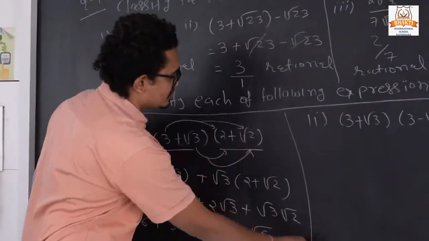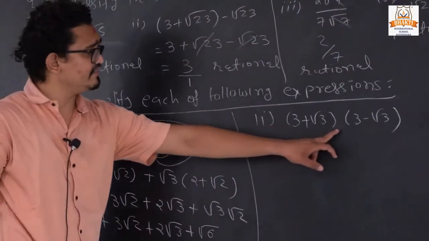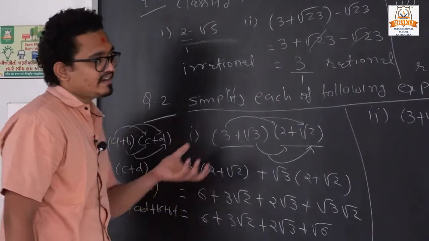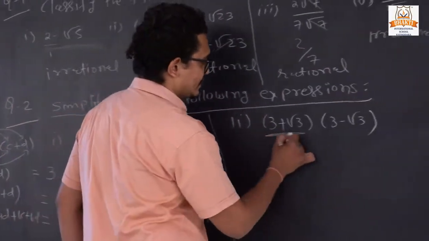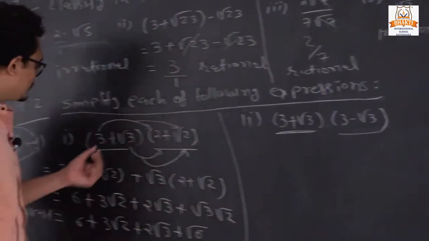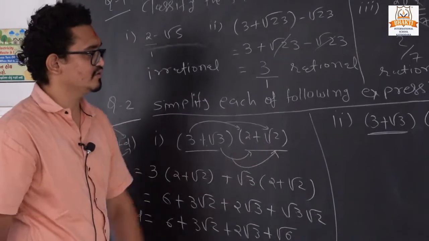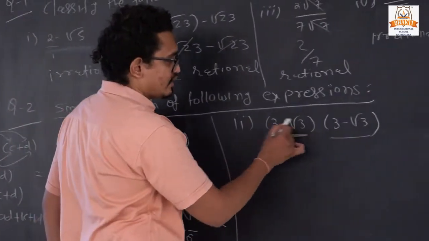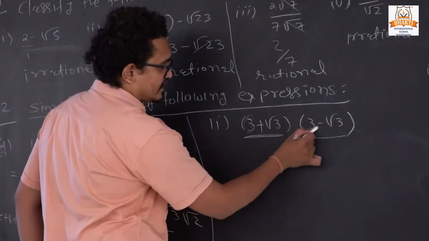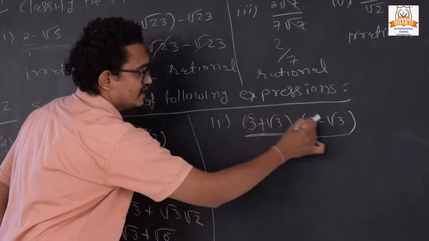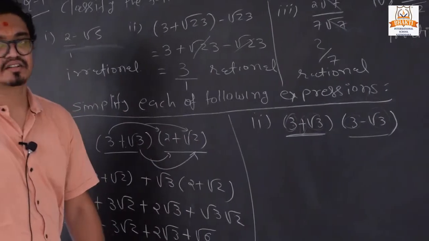In question 2, once again we have 2 brackets. We can use the same method, but here we have one pattern. If you see, the values in both brackets are the same, here 3 plus root 3 and there 3 minus root 3, but the sign is changed, here plus and here minus.